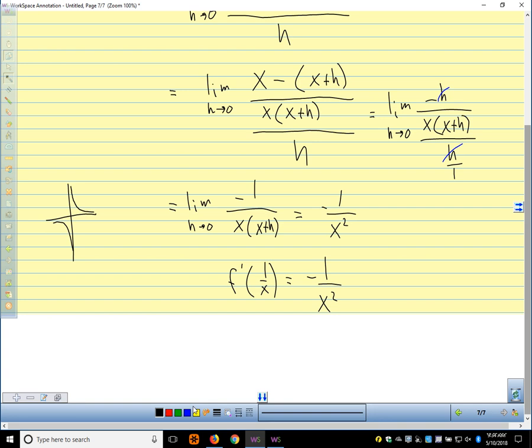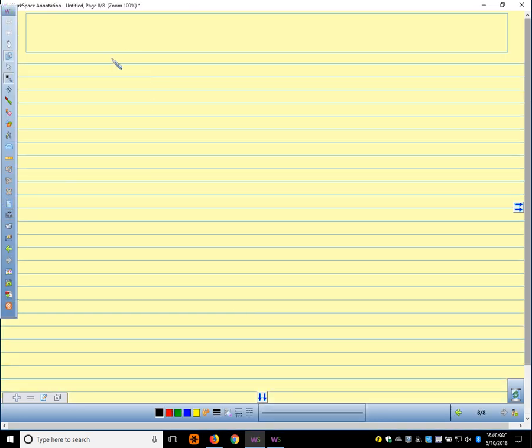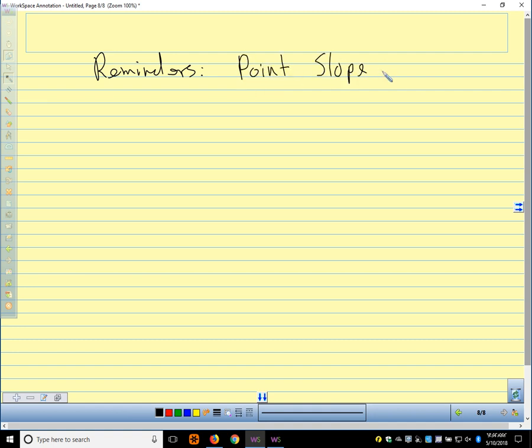Okay, a couple of reminders for the homework. This will show up in the homework. So you'll be asked to find the equation of the tangent line. So, point slope form. When we find the equation of a tangent line, we'll have a point on our graph.